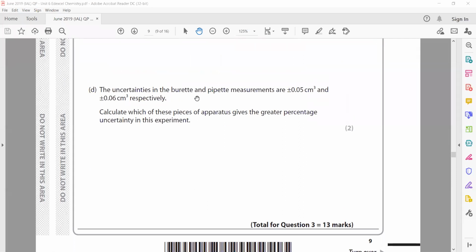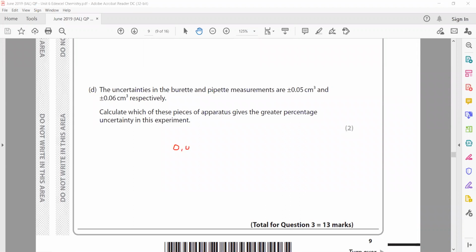The uncertainty in the burette and the pipette is 0.05 and 0.06. Calculate which piece of apparatus gives the greater percentage uncertainty. So when you calculate the percentage uncertainty, when you are using a burette, you read it twice. So 0.05 multiplied by 2, divided by the value which you recorded, the mean titer, which is 10.25.